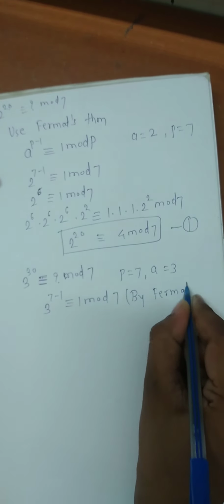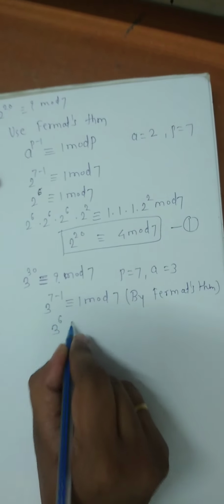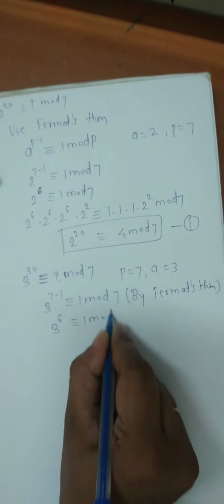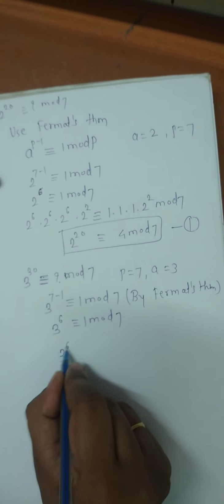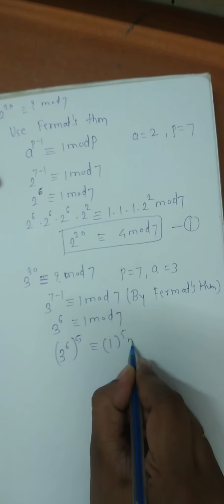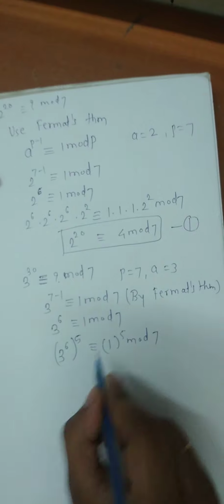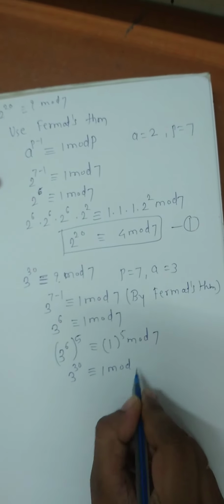So you get 3 to the power 6 is congruent to 1 mod 7. Yes, so take 3 to the power 6 to the power 5, which is congruent to 1 to the power 5 mod 7. So 3 to the power 30 is congruent to 1 mod 7.